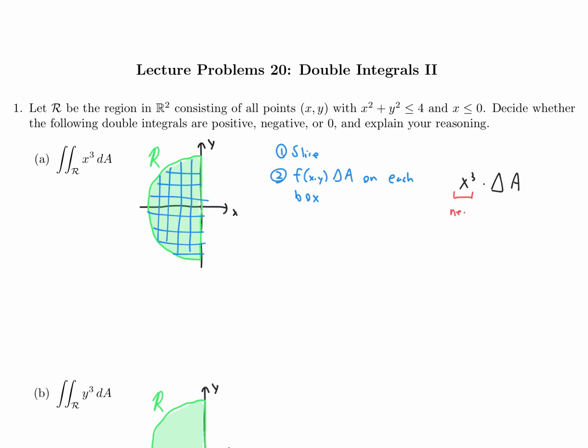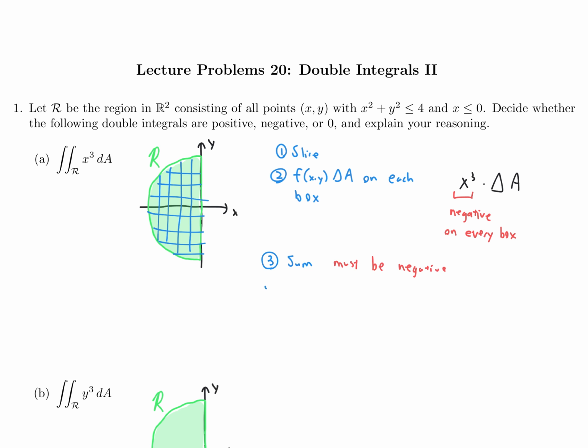So that means this x cubed is always going to be negative, and I'll be multiplying it by delta A, which is always a positive area. So I'm multiplying a negative number times a positive number for each one of those boxes. Since my calculation on each box gives me a negative number, that negative x cubed times the positive area, when I add up all of those results in the sum, I'll be adding up a whole bunch of negative numbers. And so the sum itself must be negative.